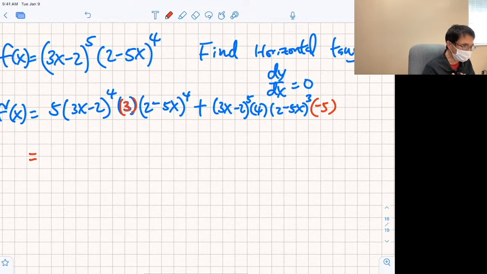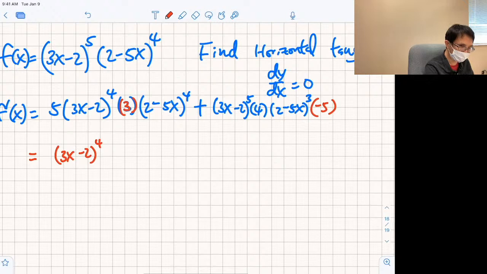So now I'm going to factor out a GCF. I'm going to look at 3x minus 2 first, which appears once to the 4th power and once to the 5th power. I always tell students to factor out the smaller power, so factor out the 4th instead of the 5th, because you cannot factor out more than what's there. So it'll be 3x minus 2 to the 4th power.